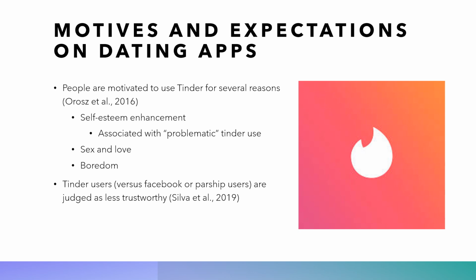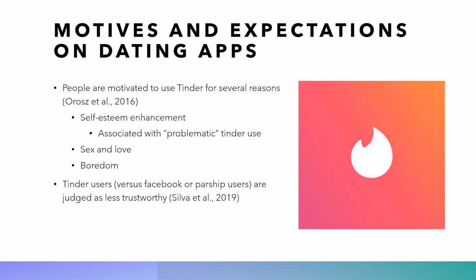Really, though, what we find is that people are motivated to use Tinder for a lot of different reasons. So this one study found that sex and love is a big reason for Tinder. Tinder is used for casual hookup type relationships, but long-term relationships also come out of it quite a bit as well.